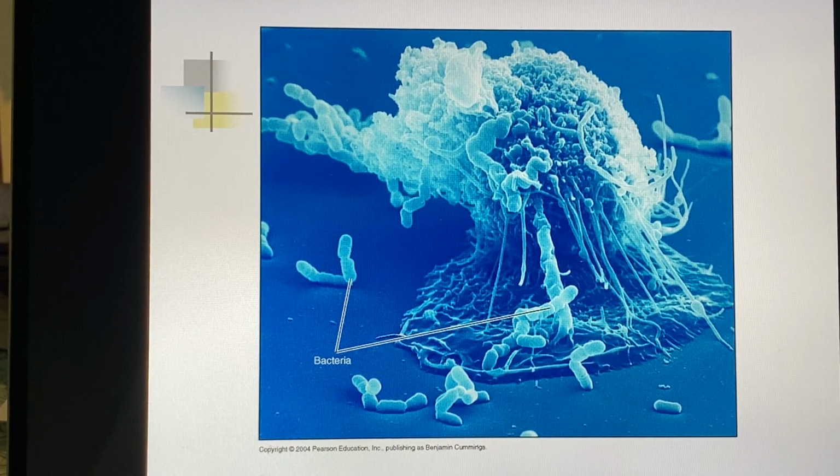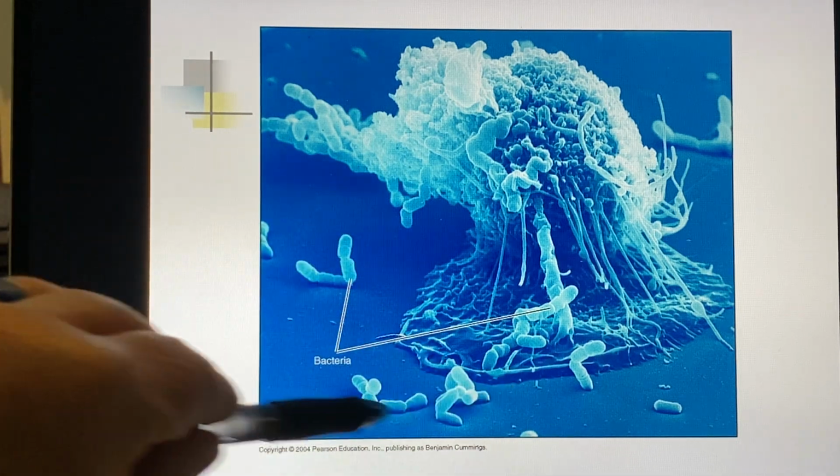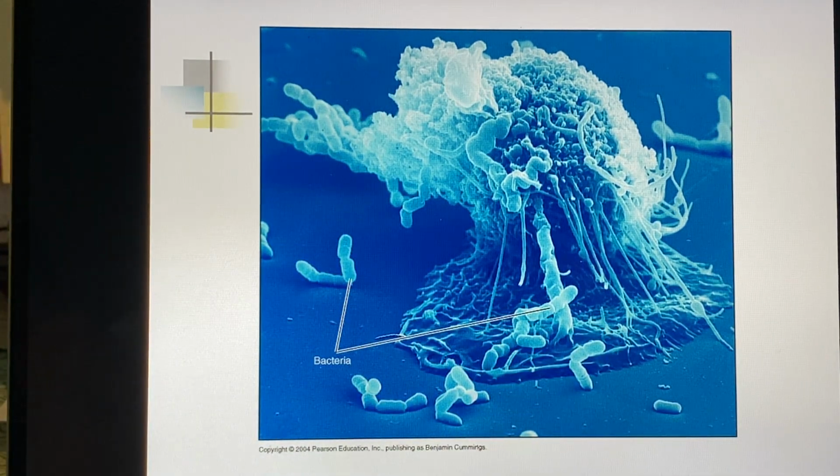Basically it's going to fuse with something called a lysosome, and that's going to have enzymes that will break down that microbe. Okay, so one macrophage can eat a lot of bacteria or whatever the microbe is.